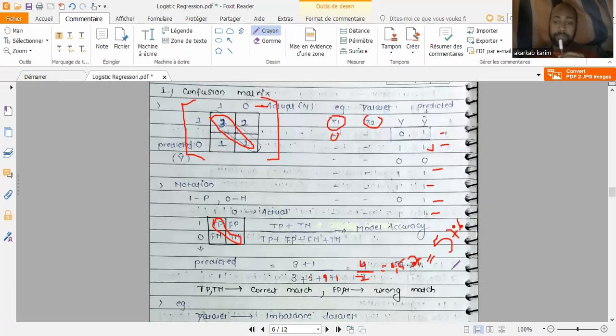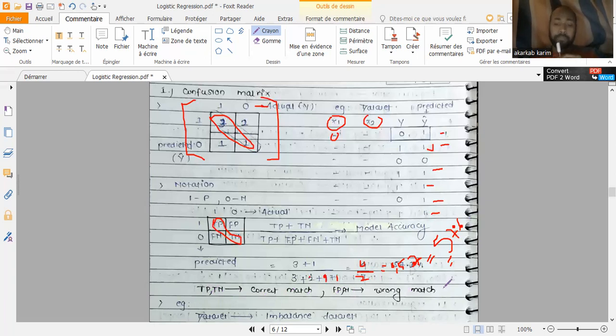This is how we measure the performance of my model. TP and TN, true positive and true negative, are correct matches, and false positive and false negative are wrong matches.